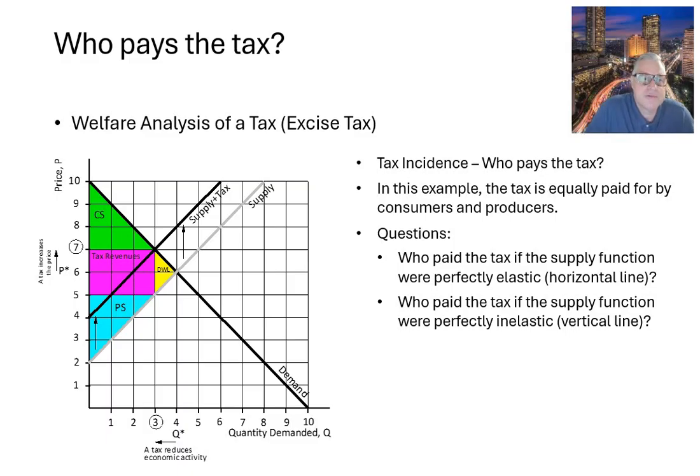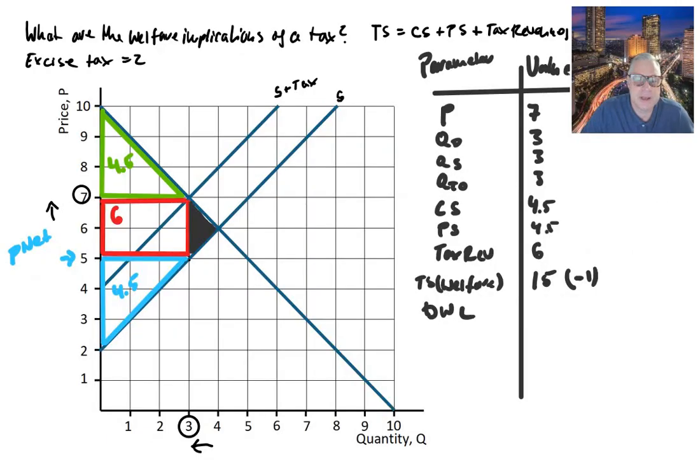And we have seen that this tax revenue, which is now that purple area, which is the same as the red area here, is actually paid equally by consumers and producers, because this upper rectangle used to be former consumer surplus.